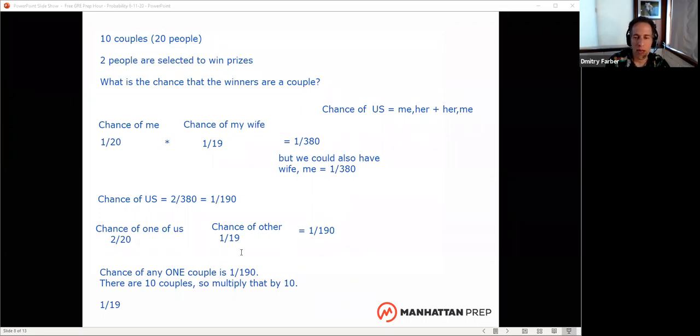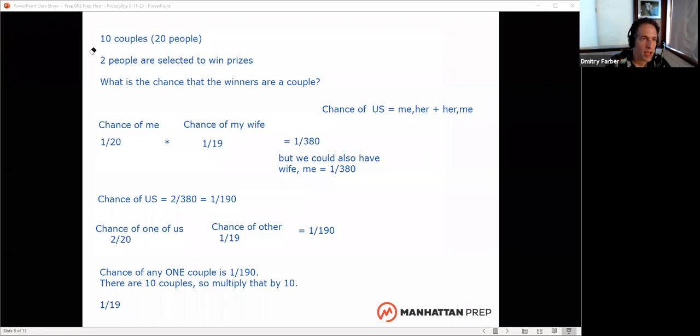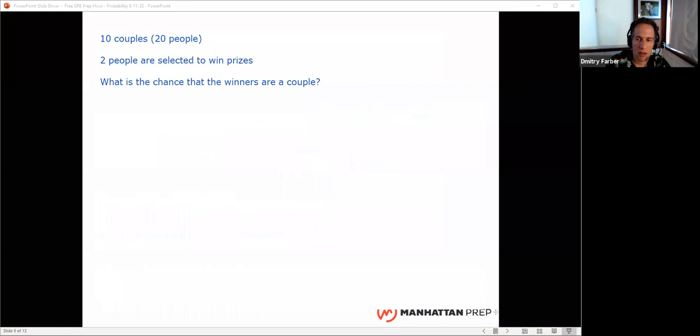So an easier way to do this problem, and if you want, I can bring this work back in a moment if anyone has questions about it, but an easier way, instead of saying what's the chance of me and then the chance of my wife, we can do what I was doing a moment ago and say, what's the chance of anyone at all? Now, again, that seems funny to a lot of people, but what's the chance of just someone?